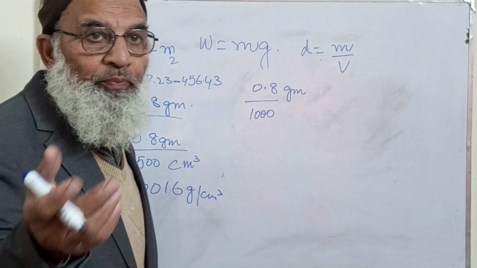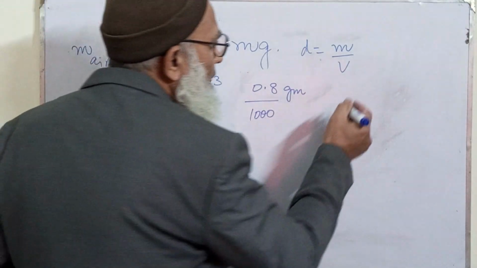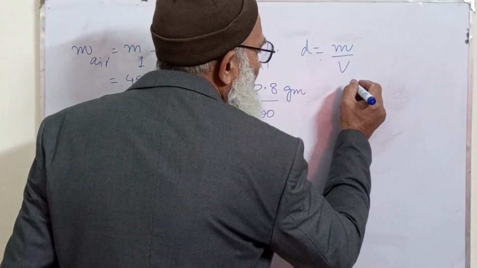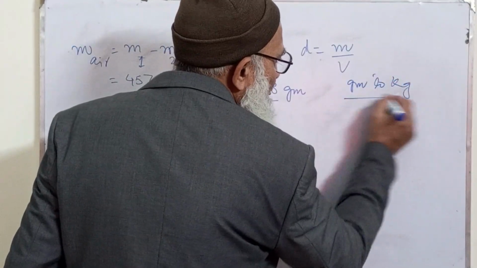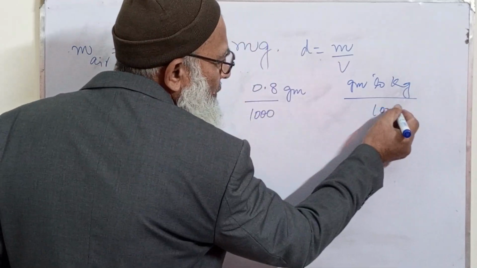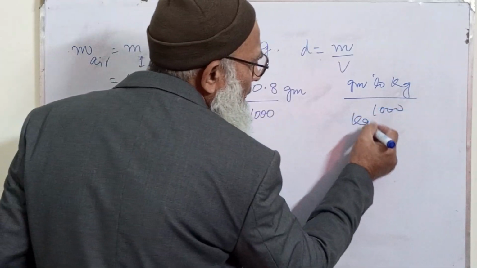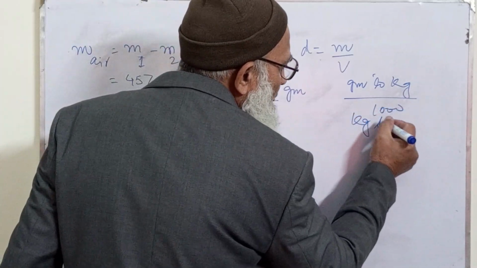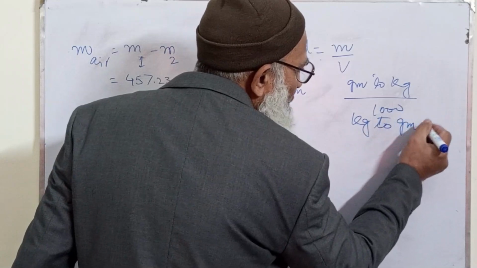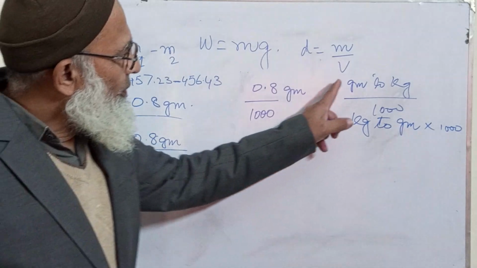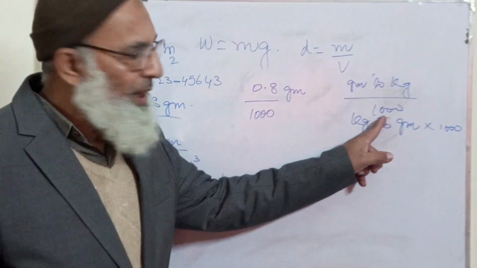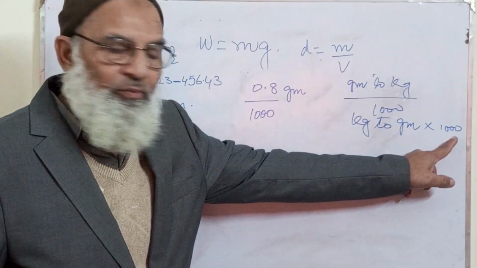If you want to go from kilograms to grams, you have to multiply. From lower to higher you divide, from higher to lower you multiply.